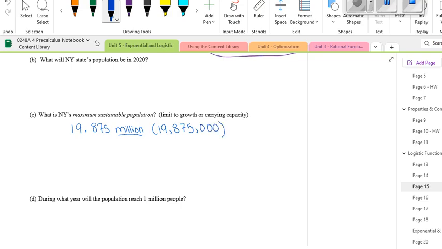So again, that is the number which the graph will approach but never quite reach. The maximum sustainable population is one less than that, 19,874,999.